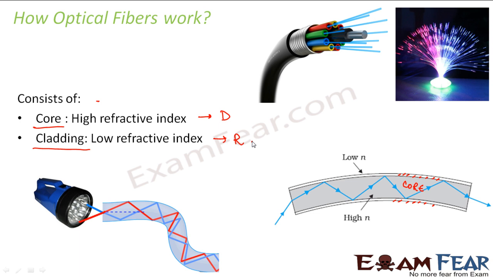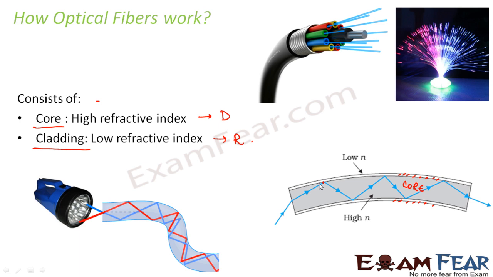So how does it work? This is a ray of light which is incident on the optical fiber. As soon as it reaches the boundary, it enters a denser medium, right? So refraction takes place here. Now when it reaches this boundary, it is traveling from a denser medium to a rarer medium. In this case, the angle of incidence is set at an angle greater than the critical angle, because every medium will have a specific value for the critical angle.